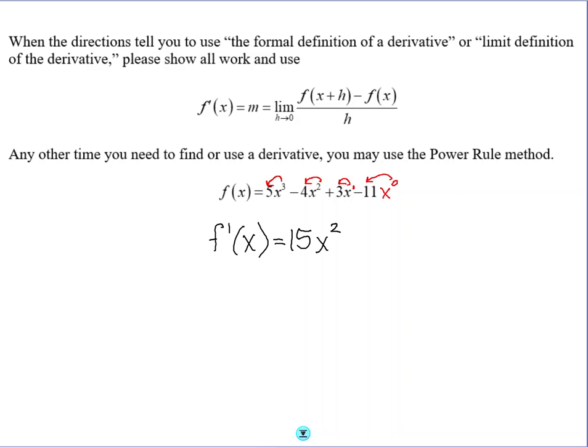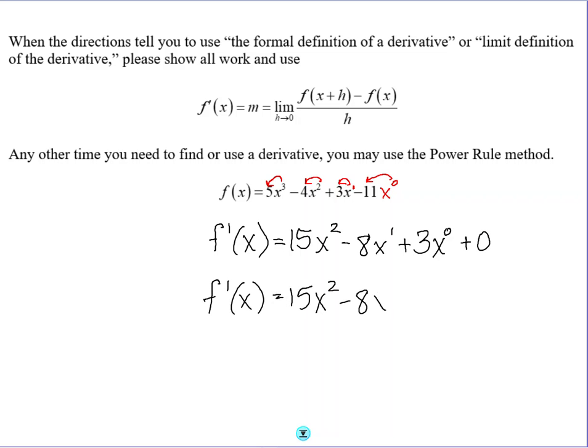So if I have 2 times negative 4, that is negative 8, decrease the exponent by 1. 1 times 3 is 3, decrease the exponent by 1. And 0 times negative 11 is 0. So if I clean this up, I have f prime of x equals 15x squared minus 8x plus 3.